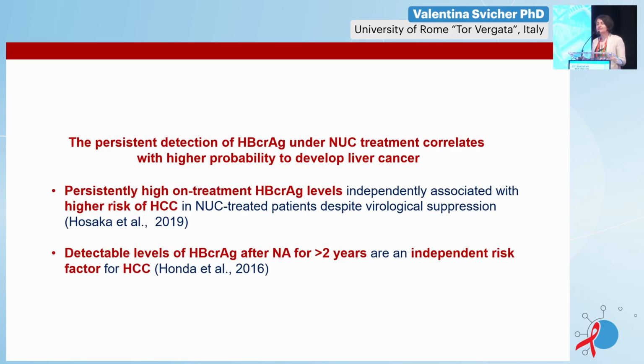This result is in line with previous studies conducted in people receiving NUC treatment, showing that a persistent detection of correlated antigen over time can help identify people more prone to develop liver cancer despite virological suppression and despite an undetectable HBV DNA.